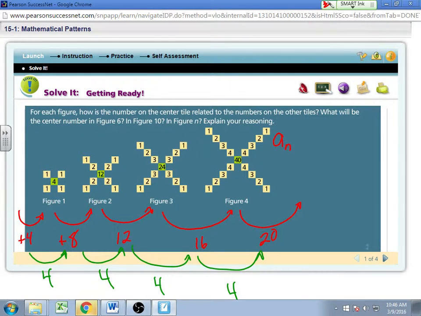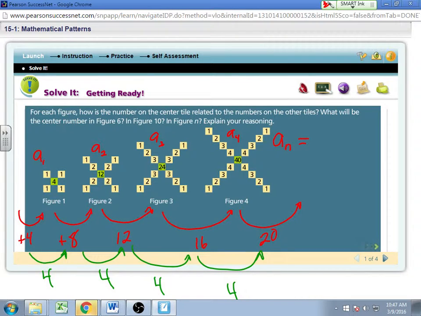So N is the number of terms. So this would be A sub 1, this is A sub 2, A sub 3, A sub 4. So A sub N is at any given point. What would I do to get this? Leon, do you have a guess?